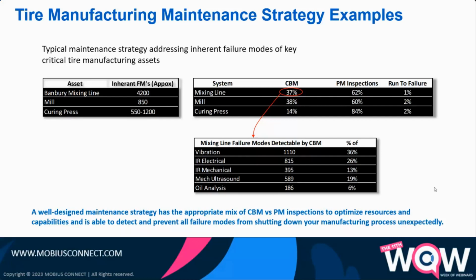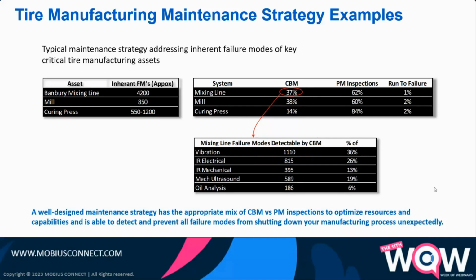So it gives you a good idea of the overall mix between condition monitoring and PM inspections applied in a tire manufacturing environment, at least on these critical assets, right? Again, I bring the point back home that if you're only using one or two select condition monitoring technologies, you need to understand that there are many other failure modes that may not be covered, and it increases potential risk to your organization, right?